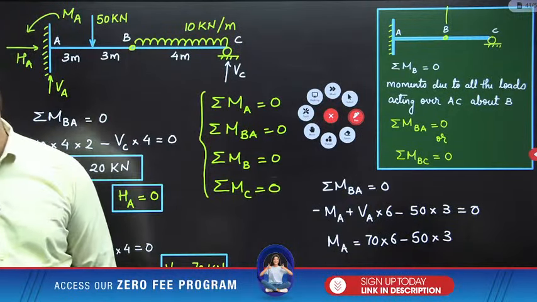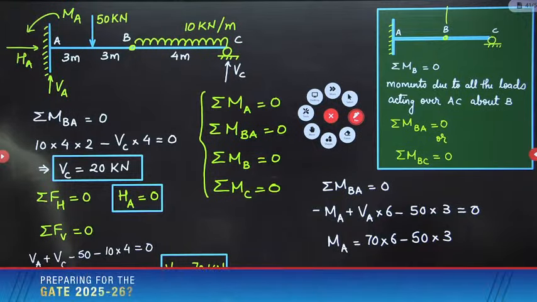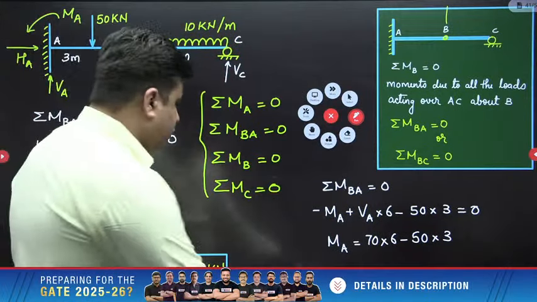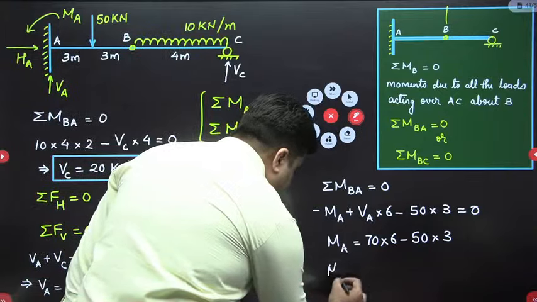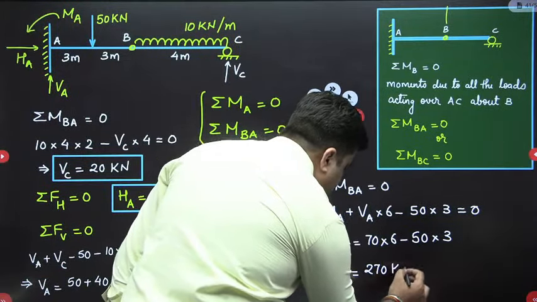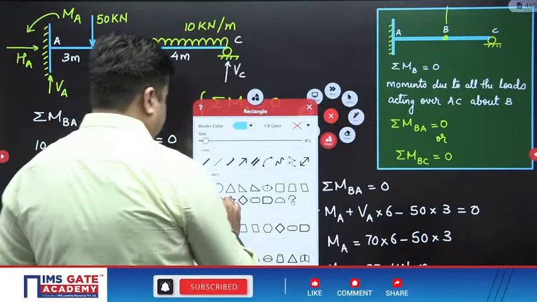Please calculate this. It is 270. Very good, Saundarya. So MA will be equal to 270 kilonewton meter.